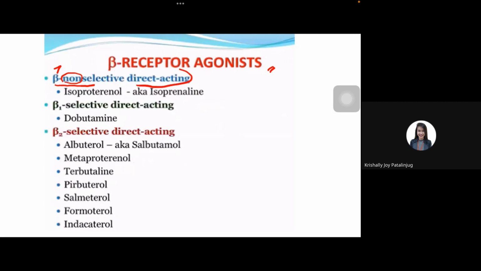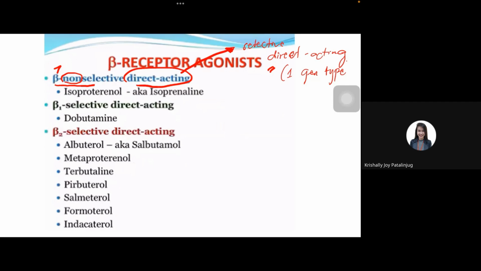Yes, being a direct acting, kasi yung umbrella direct acting yung pinag-uusapan, then we consider it as selective direct acting sympathomimetics. Kasi nga one general type of receptor lang yung kaya niyang i-activate.